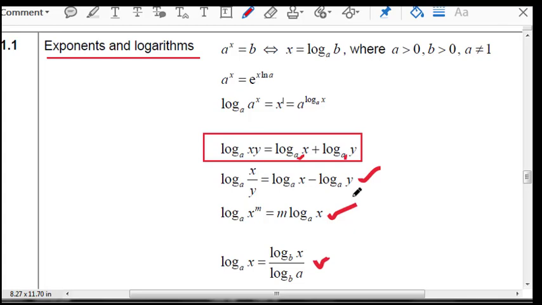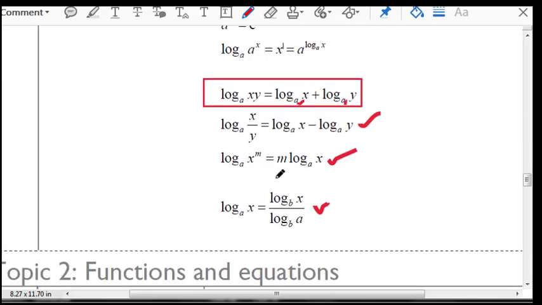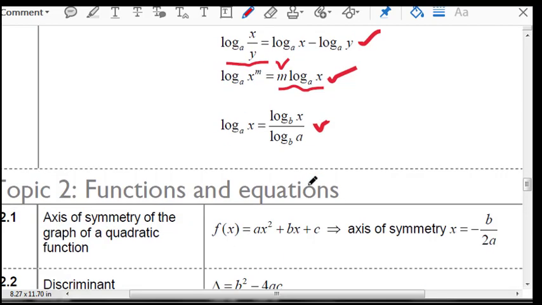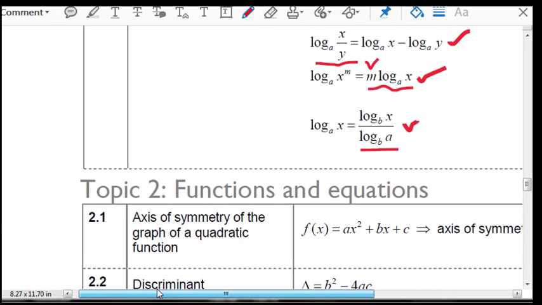If you get two values with division, log of x divided by y, then you can use the formula log x minus log y. The power of x, log x to the power m, can be turned to the first, m log x. And log of x to base a equals log of x to base b divided by log of a to base b. The base should be changed here.